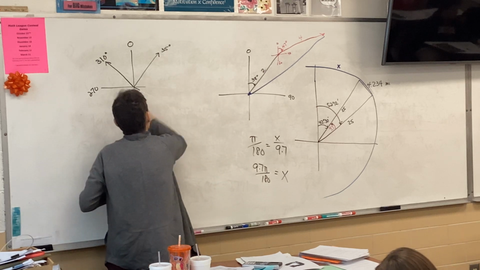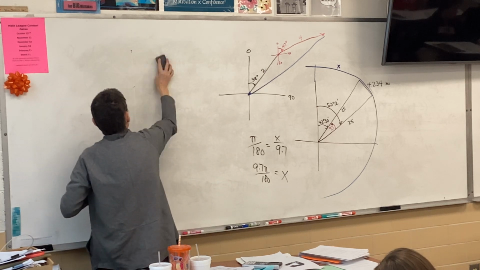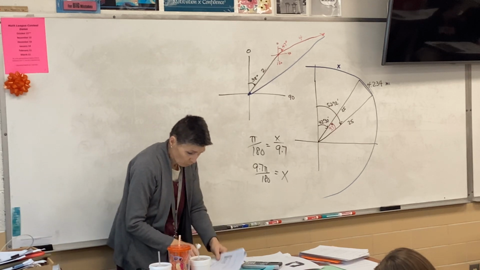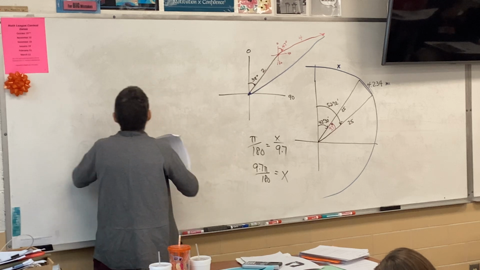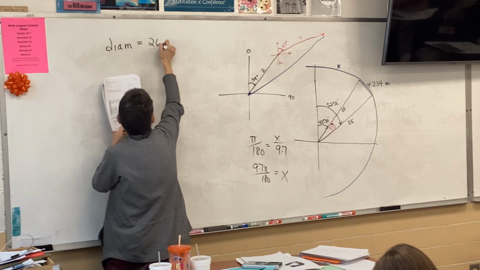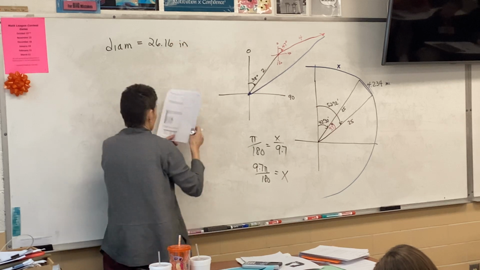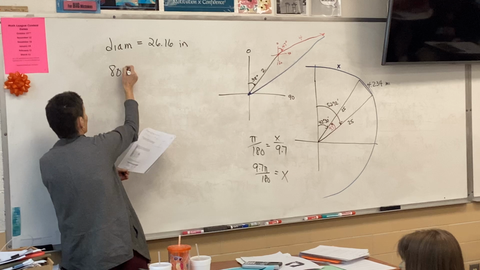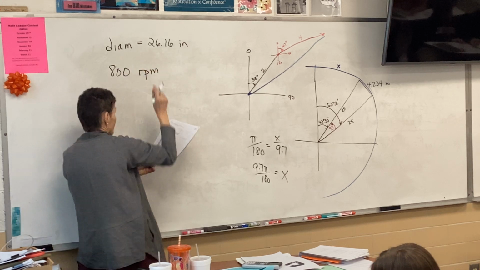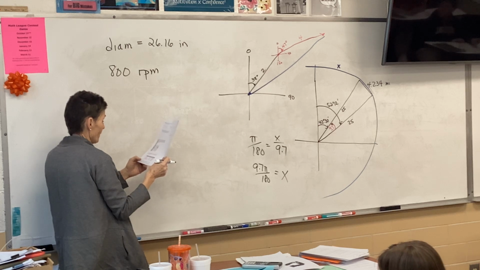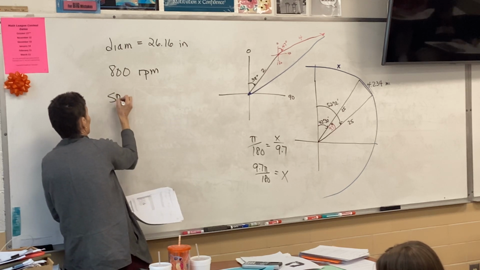So I'm gonna start with the first tire, which is a Ford Taurus, and the diameter is 26.16 inches, and I know we are turning at 800 revolutions per minute, and I wanna find the speed.